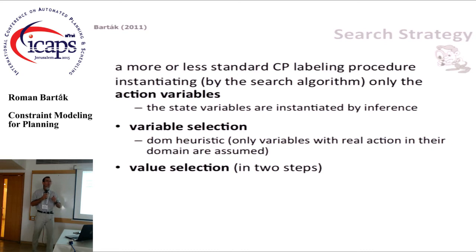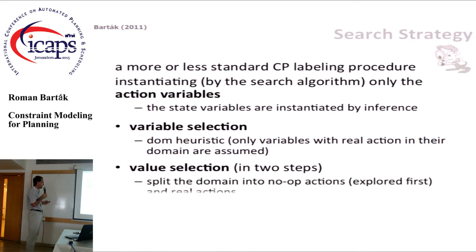And for selecting the value, we again use the domain splitting principle rather than assigning a specific value. And it's working like this. The domain of the action variable contains some no-op actions and some real actions. Usually we prefer in the plan to have a small number of actions. So what we did is that as the first branch, we reduce the domain to just no-op actions, and all of them were zeros, right?